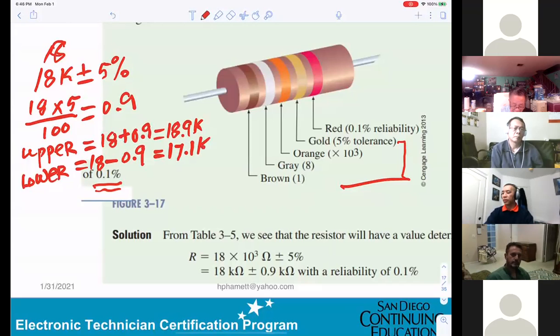The unit is K, right? Right. Okay, the question is, if I get a resistor here and I measure R equal to 17K, is it okay or not okay?